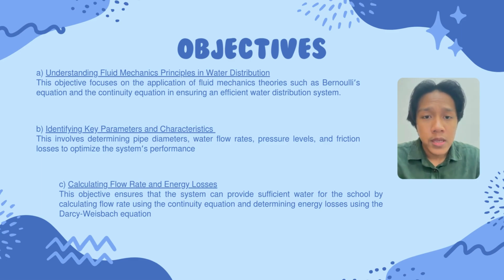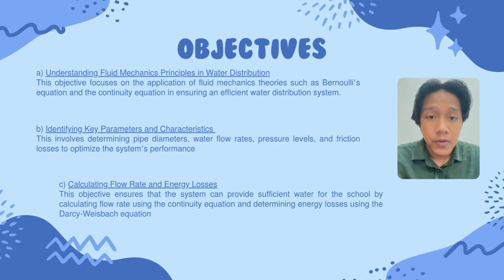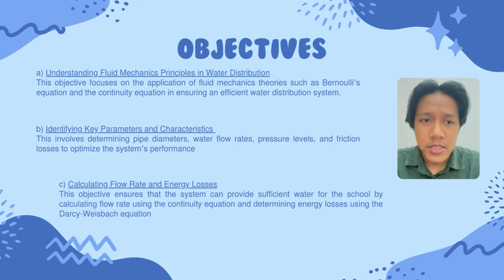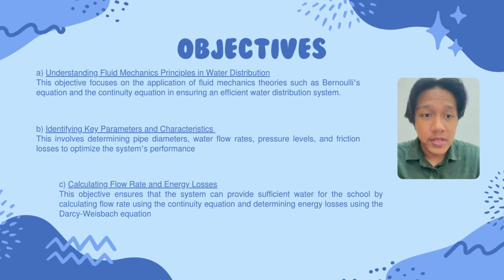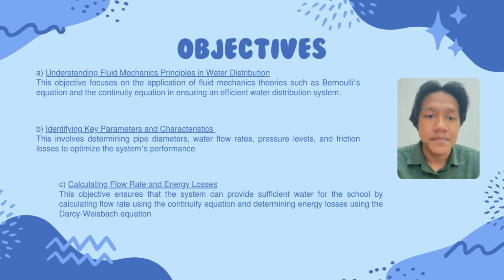Finally, we calculate flow rates and energy losses. Using the continuity equation, we can determine the flow rate, while the Darcy-Weisbach equation helps us assess energy losses, ensuring the system provides sufficient water for the school's needs.